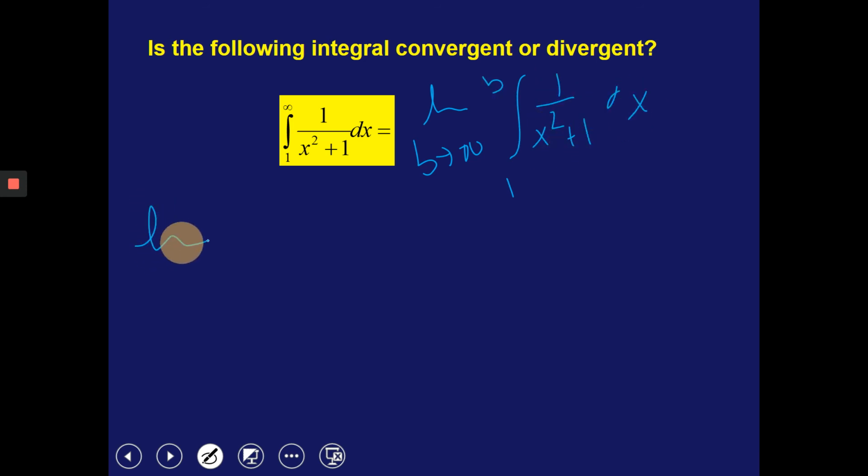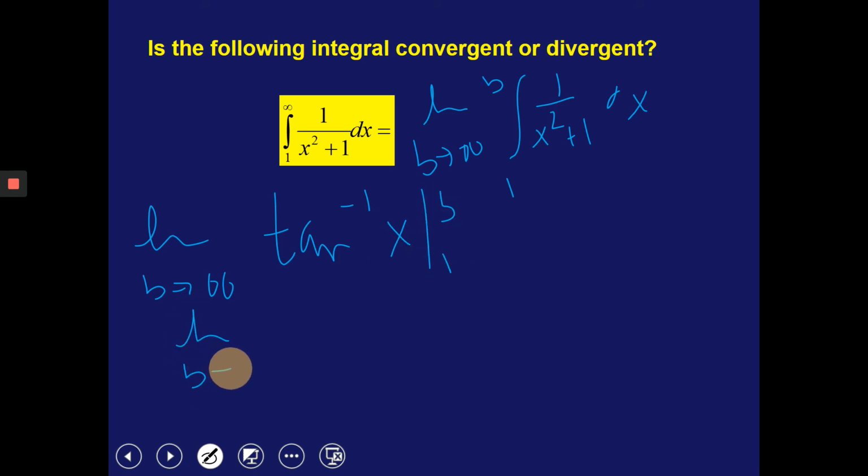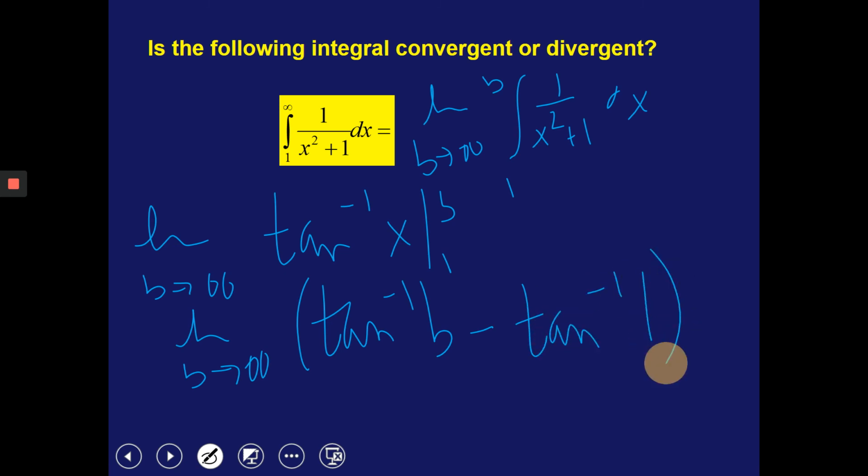And that's going to be the limit as b goes to infinity, inverse tangent of x from 1 to b. That's the limit as b goes to infinity, inverse tangent of b minus inverse tangent of 1.